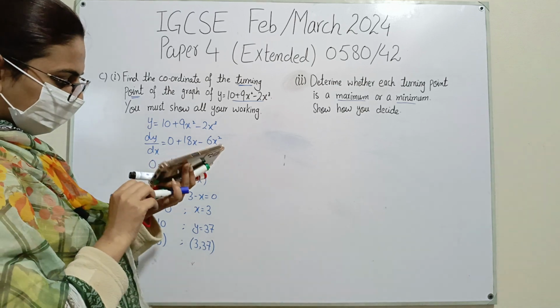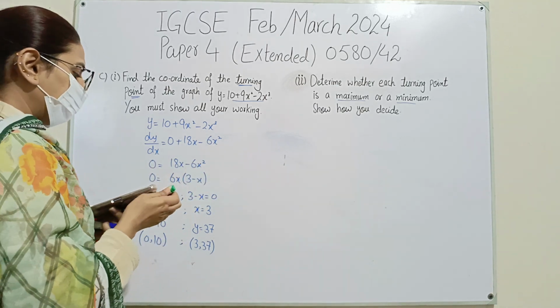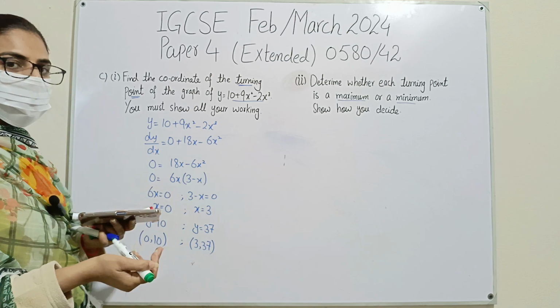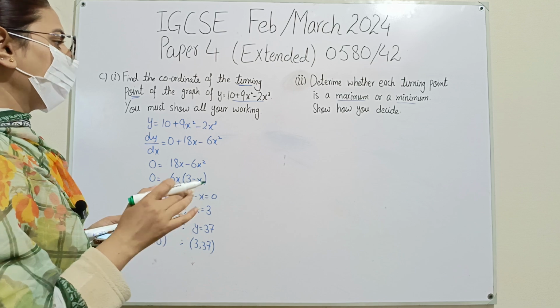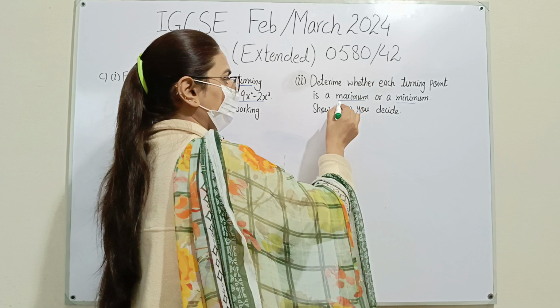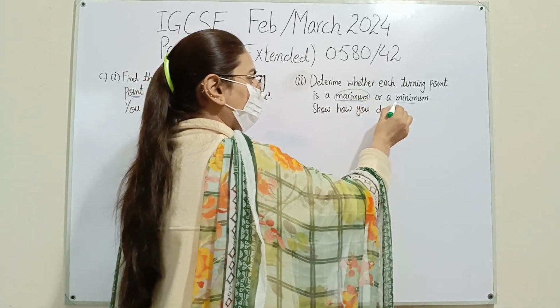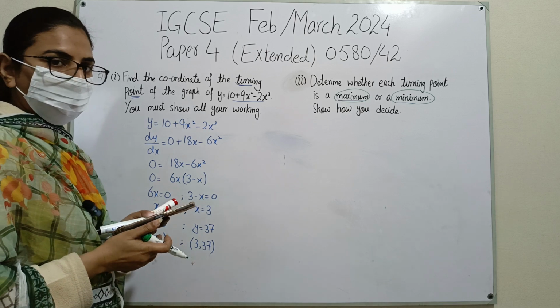Now if you move toward the second part, you have to find whether these two points are maximum or minimum. For this you have to find the second derivative, because whenever you have to find the maximum or minimum behavior of a turning point, you use the second derivative test.